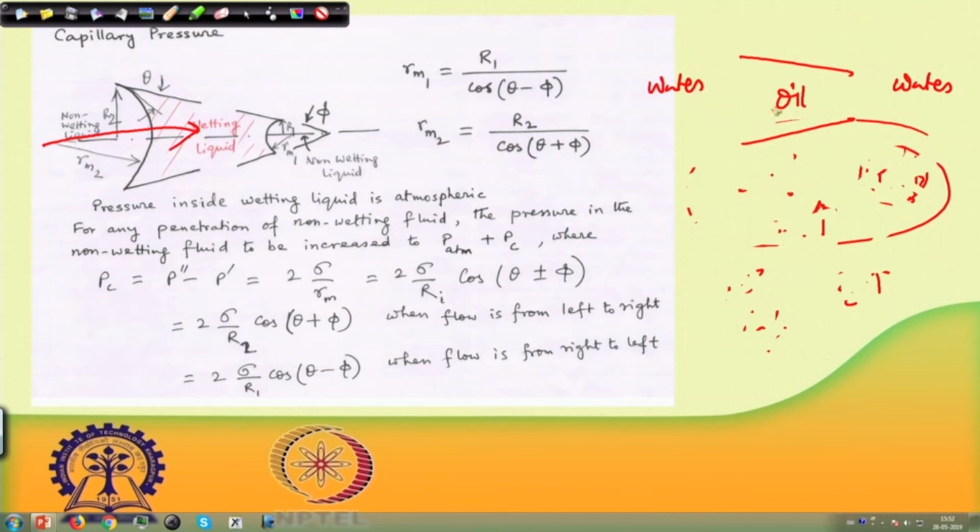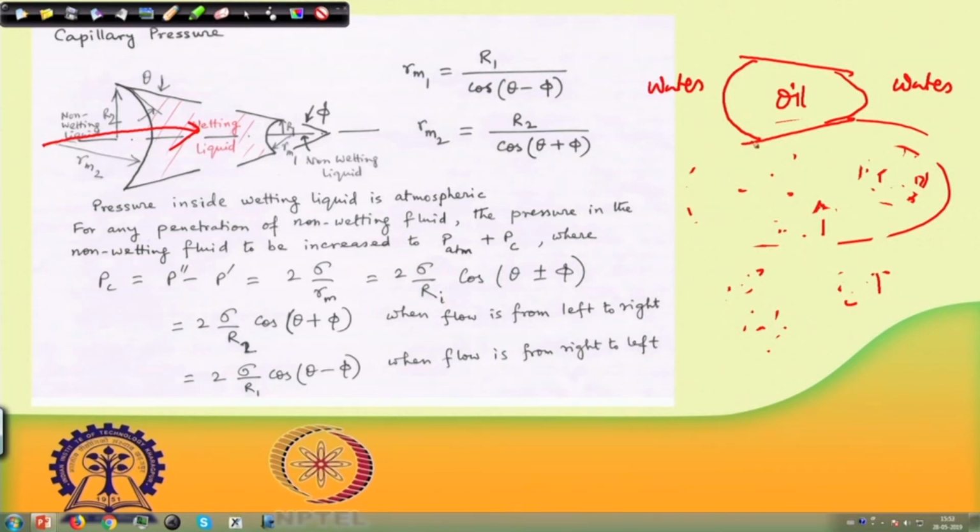Now I can think of water making a meniscus like this, and water on this side making a meniscus like this, and so water will tend to now go into the oil.